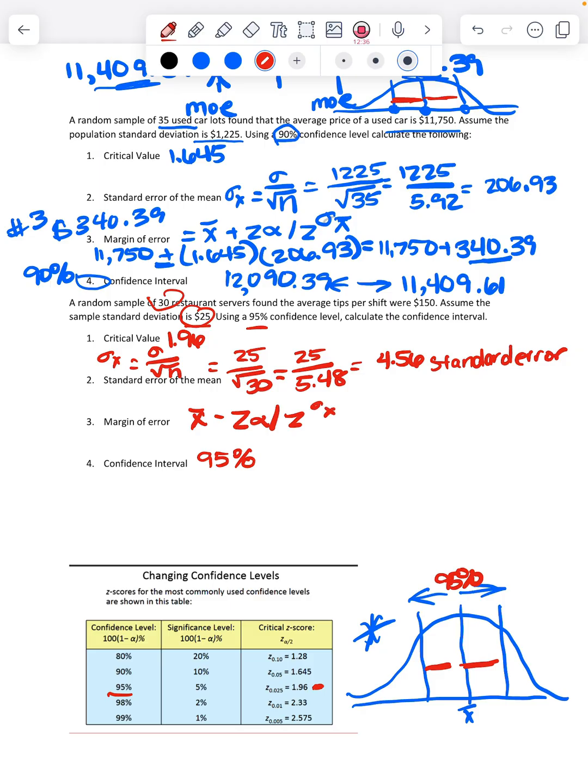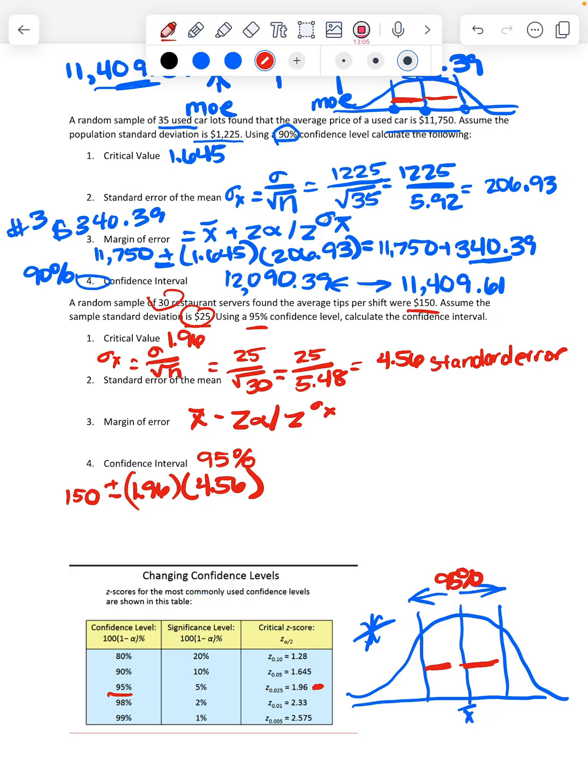So I'm going to take my mean, which is 150, minus my critical value of 1.96 times my standard error.